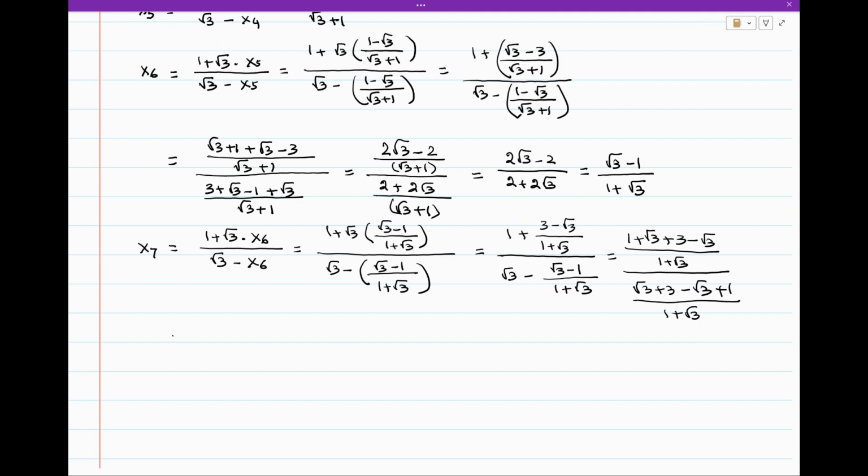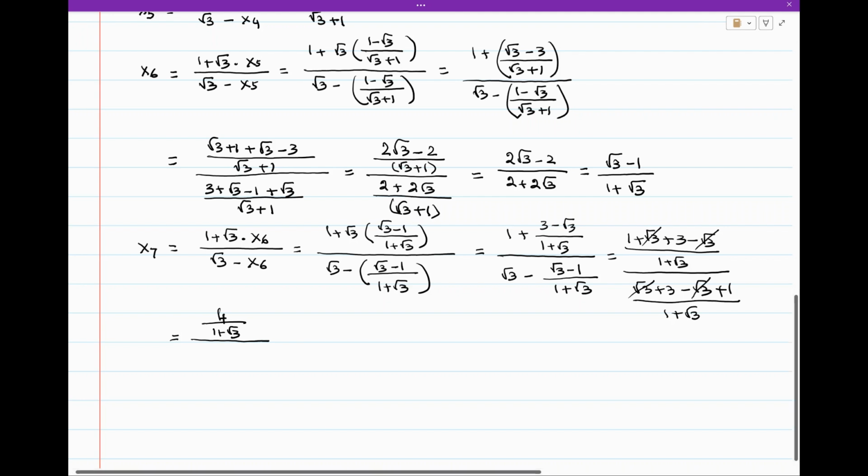And that is equal to, at the top, square root of 3 will cancel out. So it will become 4 divided by 1 plus square root of 3, and at the denominator, square root of 3 also will cancel out.